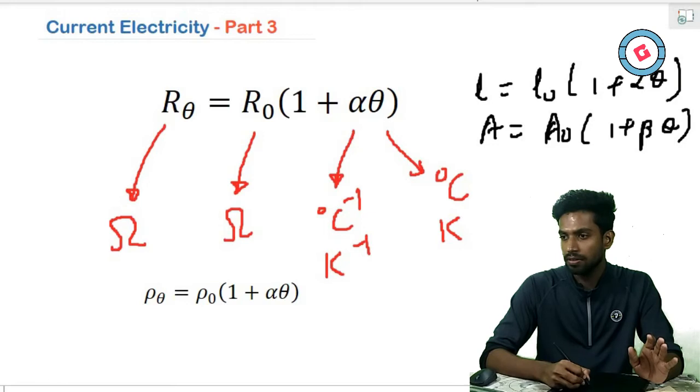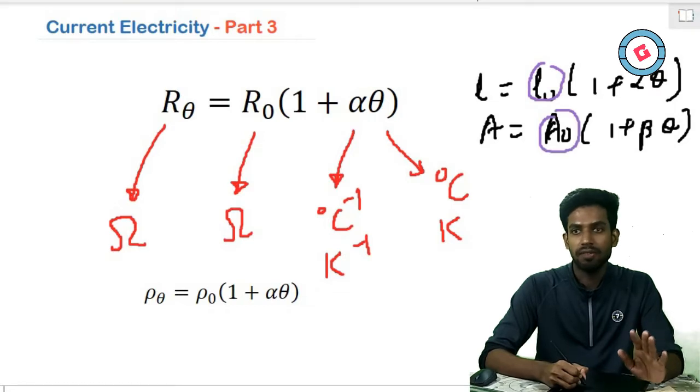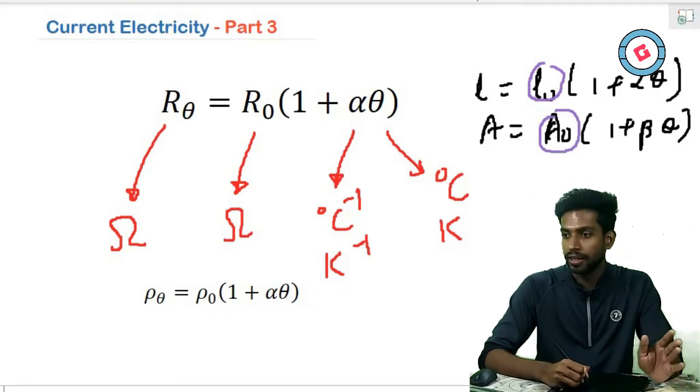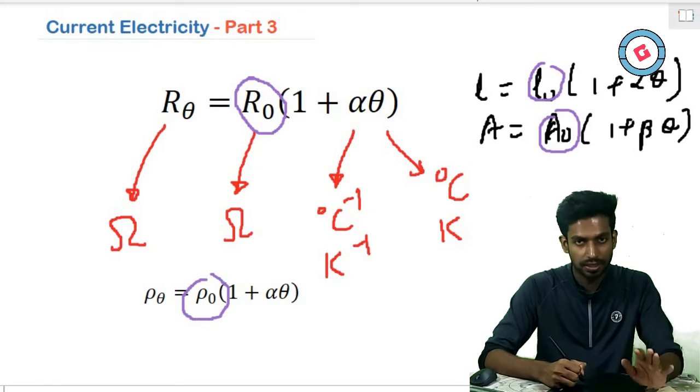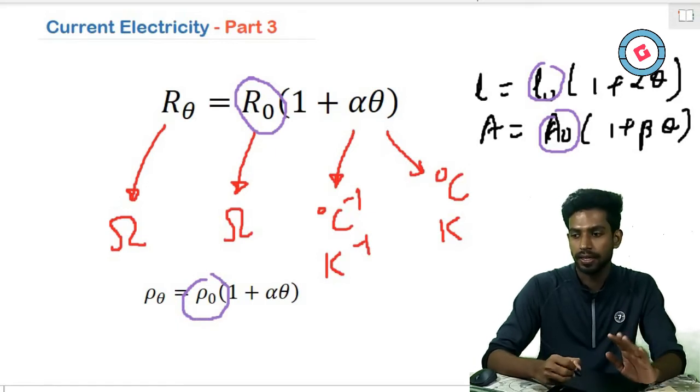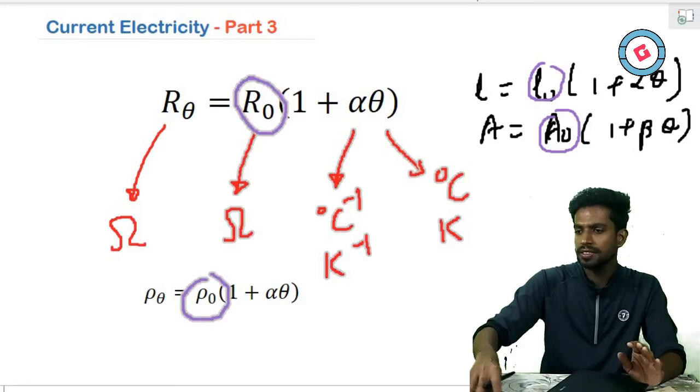So in these equations, L naught and A naught are the initial values, initial length and initial area. In the resistance equation, R naught is not the initial resistance, it is the resistance at 0 Celsius degrees. Rho naught is not the initial resistivity, it is the resistivity at 0 Celsius degrees.